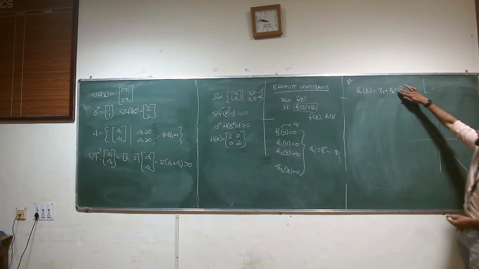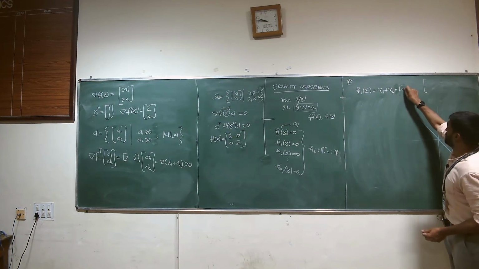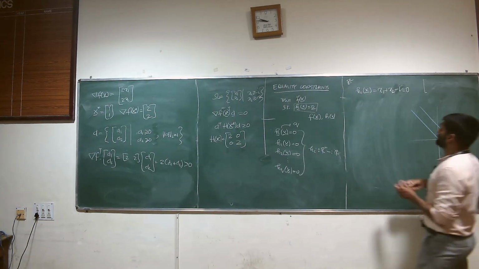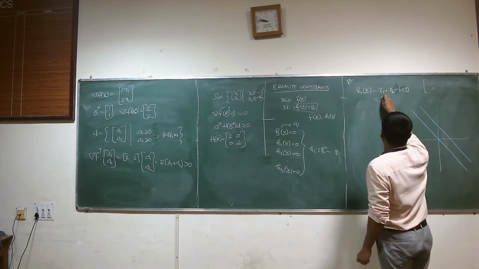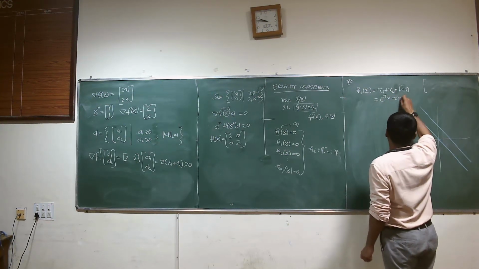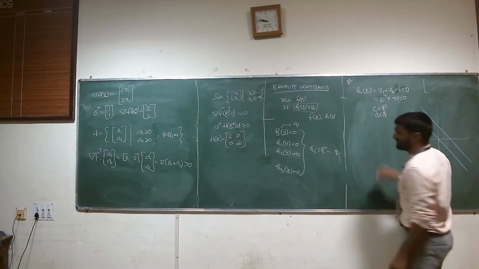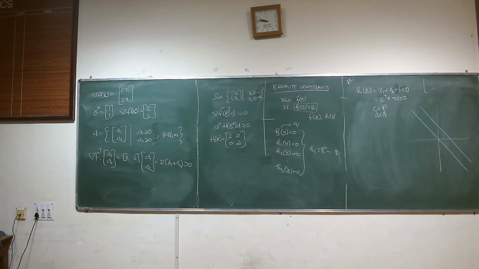If I had said this is minus 1 equals 0, well, it'll be shifted here. Or in fact, if I had said something like the condition is C transpose x minus D equals 0, where C is from R2 and D is a real number, then it will be some arbitrary straight line.